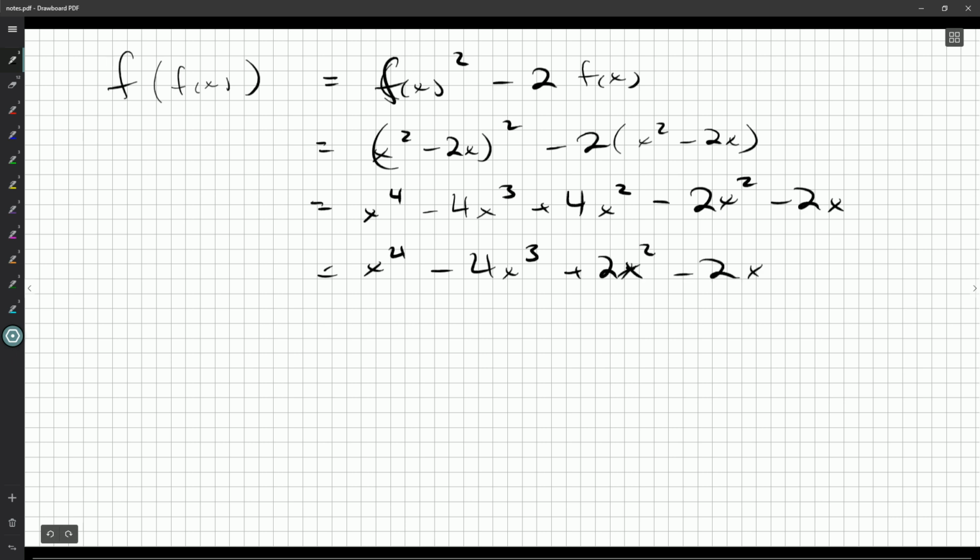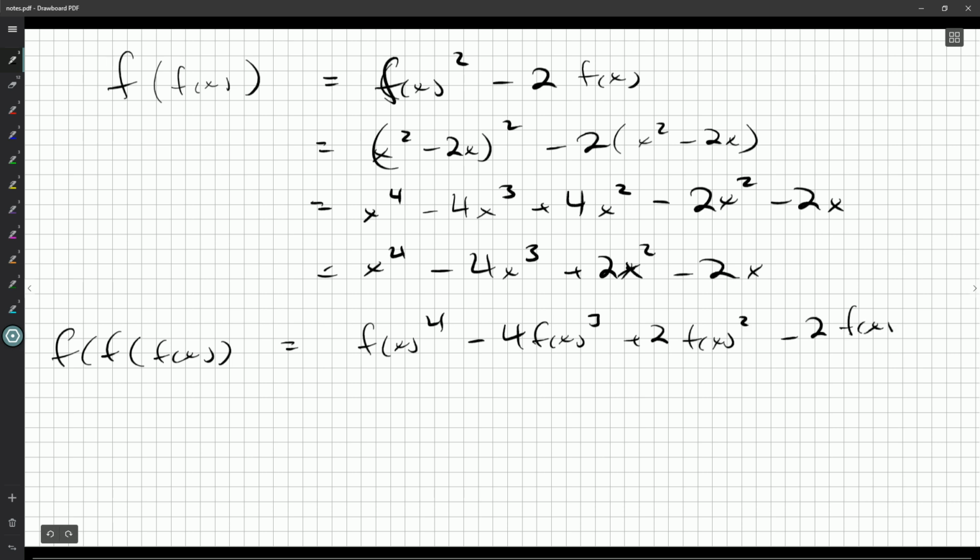But that's just f of x. Now, if I wanted to do f of f of x, I've got to plug in f of x wherever I see x, and then change those f of x's to x squared minus 2x. It's going to be a bit of a pain now, so we're going to stop this far.